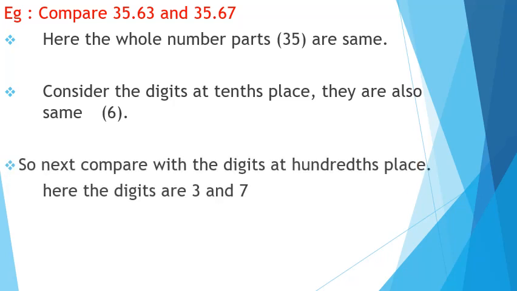That is, next compare with the digits at the hundredth place. Here the digits are 3 and 7. While comparing, we get 3 less than 7. Therefore, 35.63 less than 35.67.